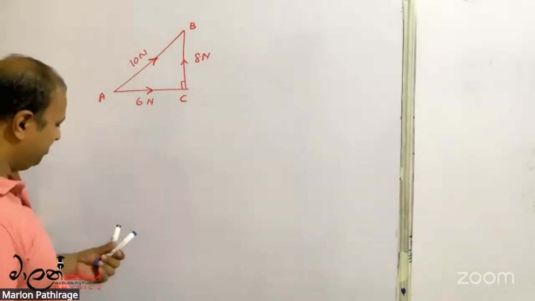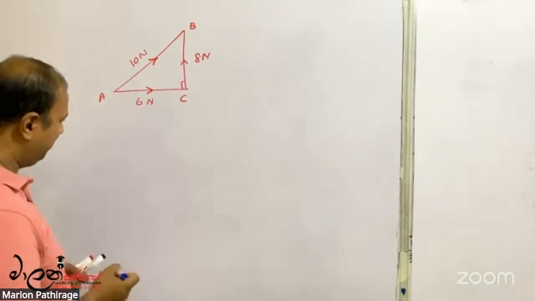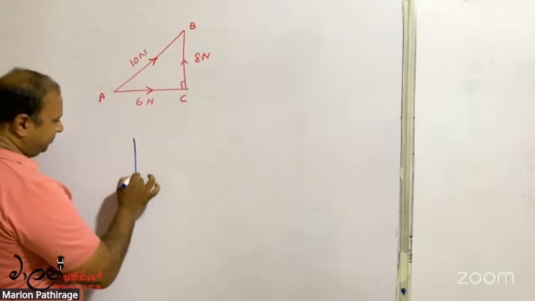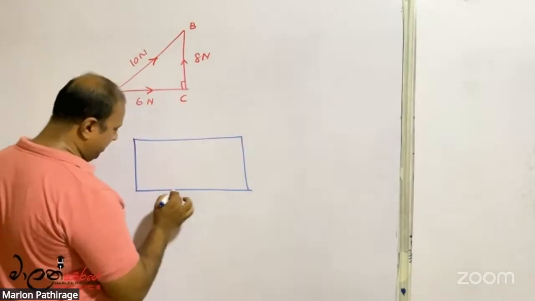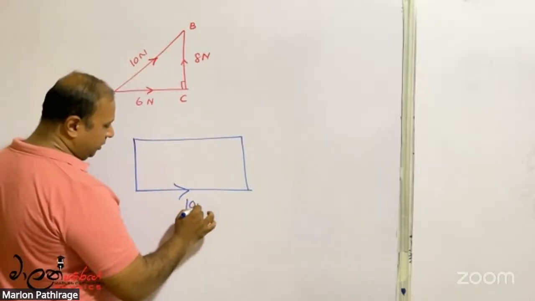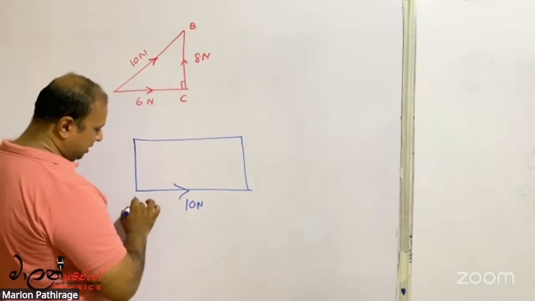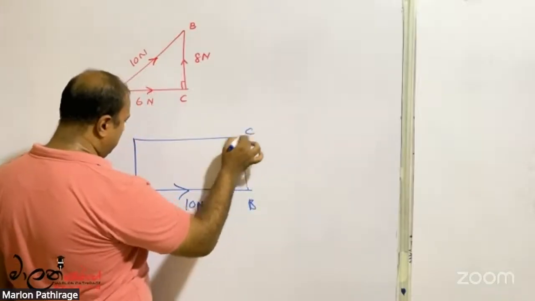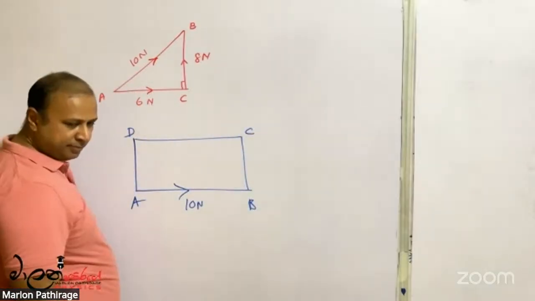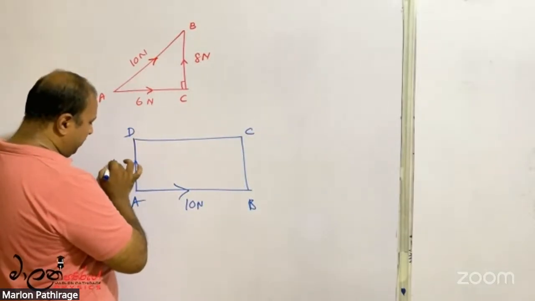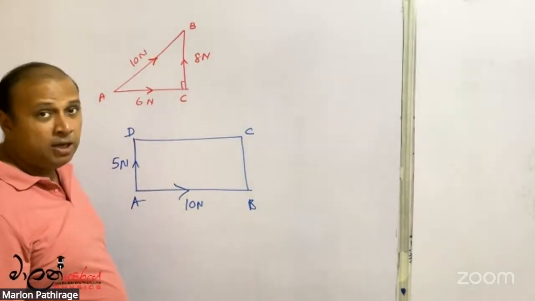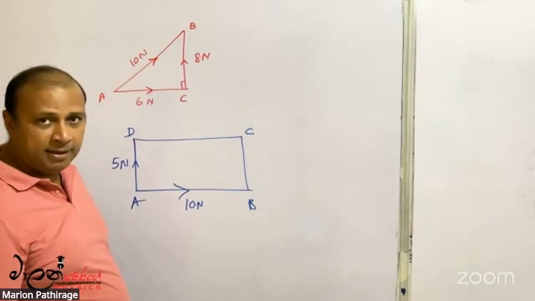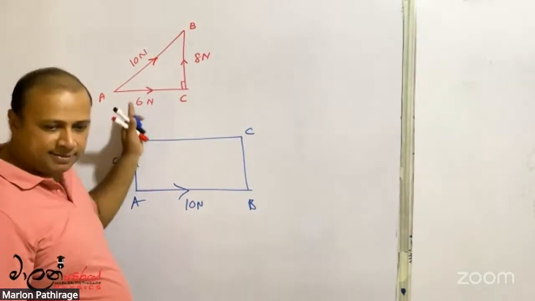We can do another example. Look at this one. Now you are given a rectangle ABCD. Suppose this vector is 10 Newton and this vector is 5 Newton, and these two vectors are represented in magnitude and direction using these lines.